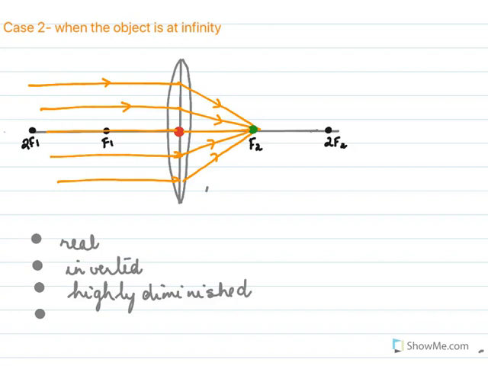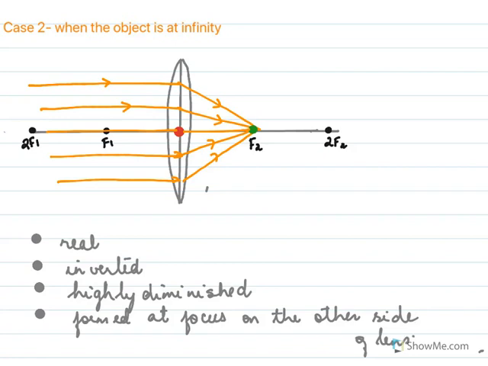And it is formed at the focus on the other side of the lens. So this was an object kept at infinity, like the sun or a faraway object.